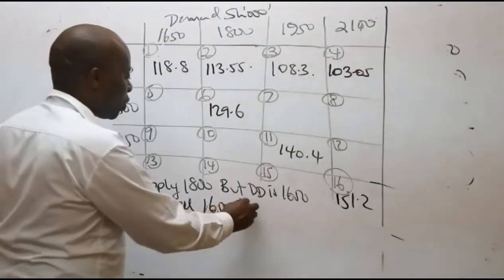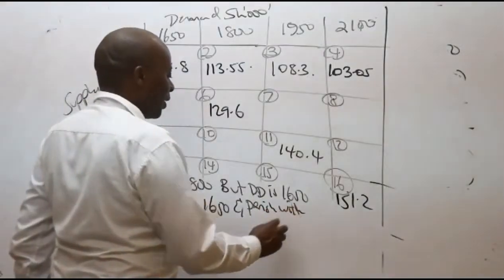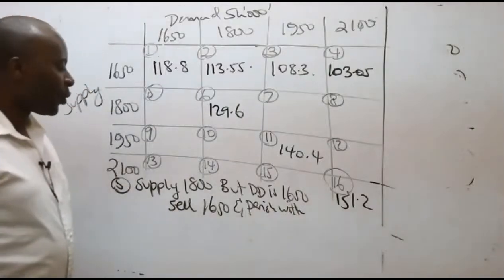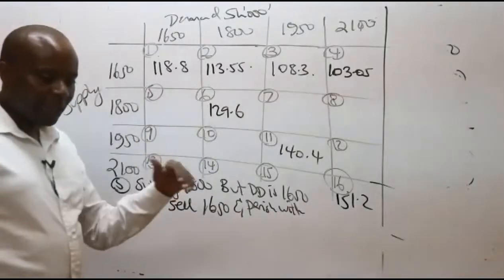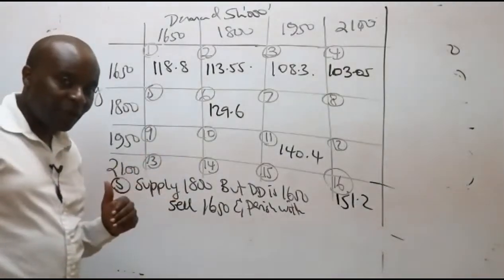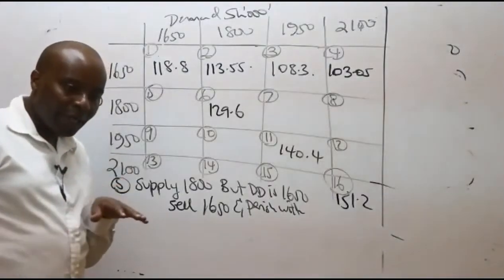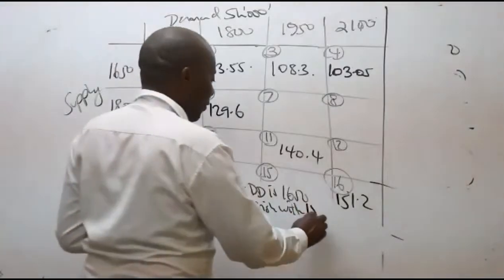And perish with how many? So here we had supplied 1800, but demand is 1650. So I can see myself having some excess quantities without customers to buy. So you're going to perish with 150.